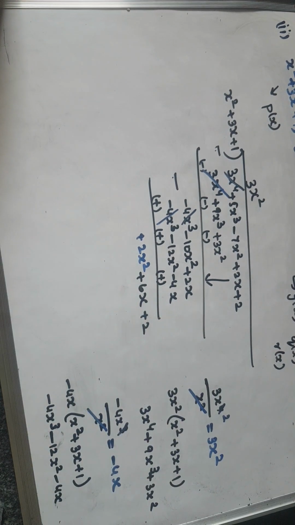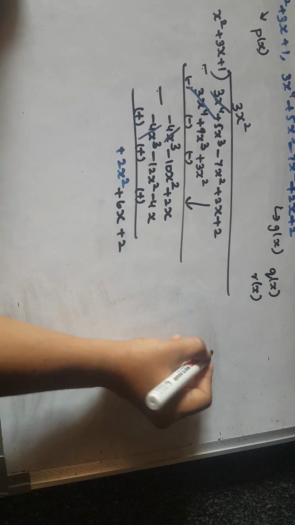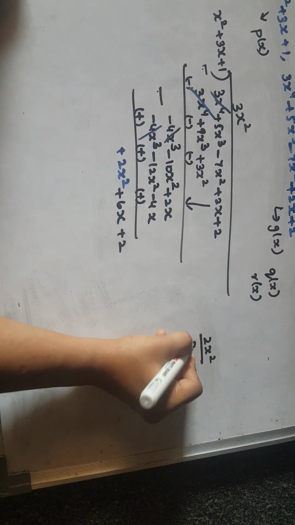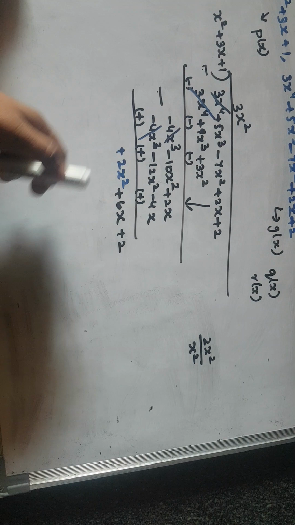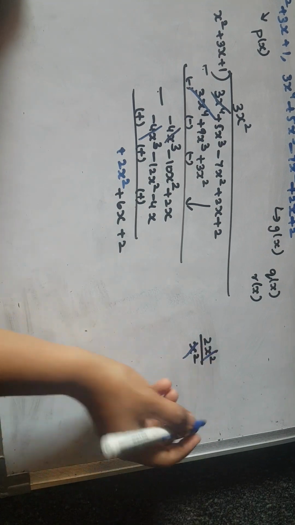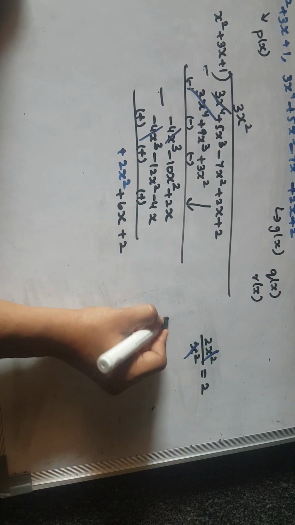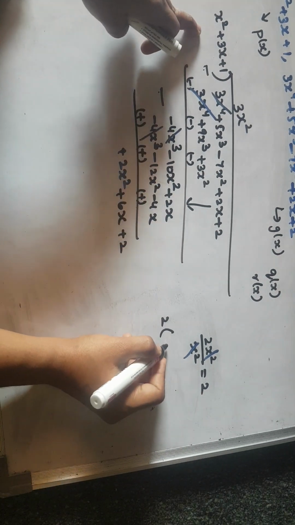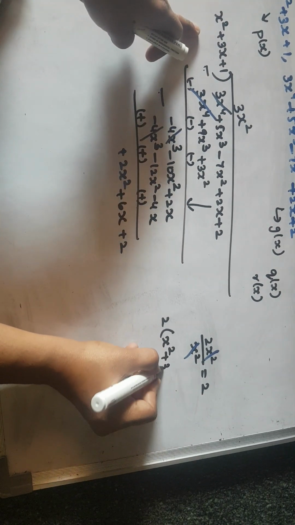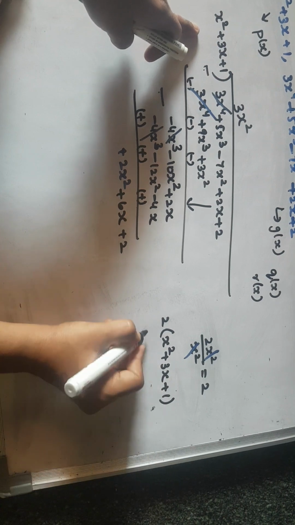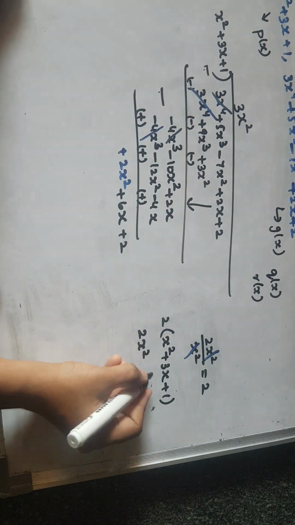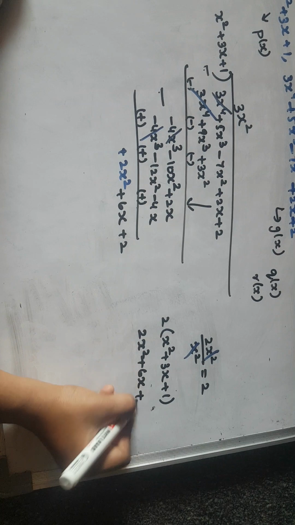Now again divide 2x square by x square. What value comes? x square cancels, and the value is 2. So multiply this 2 with x square plus 3x plus 1: 2x square plus 6x plus 2.